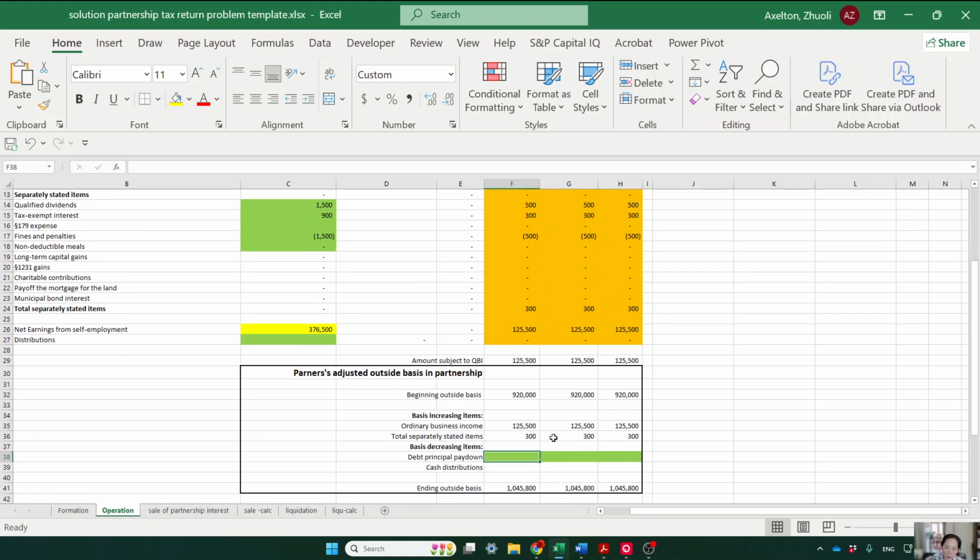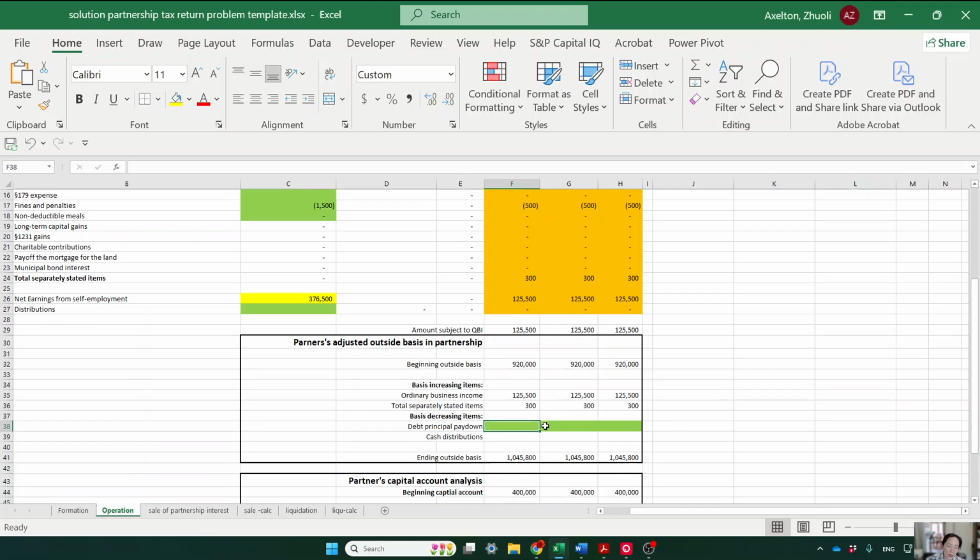However, as far as the tracking of the partner's basis in the partnership interest, since we're looking at economic value or investment, whether that income or expense is taxable or deductible is irrelevant. So that's why we have to capture those tax exempt interest or non-deductible expenses here when we calculate the outside basis in the partnership interest.